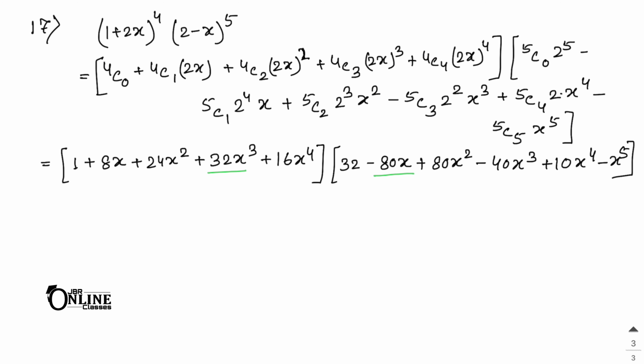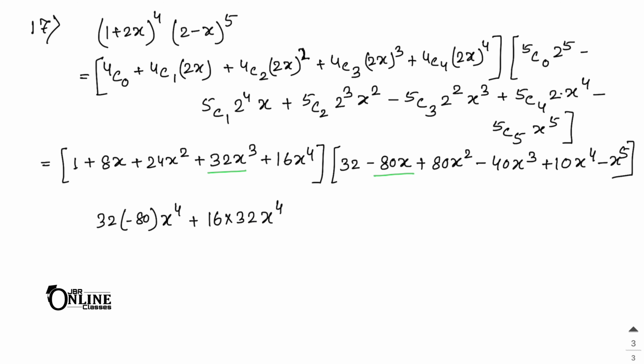So write down this one first, 32 into minus 80 x to the power 4. Now the first one, if you multiply 16 with 32, you will also get here an x to the power 4. So 16 into 32 x to the power 4.